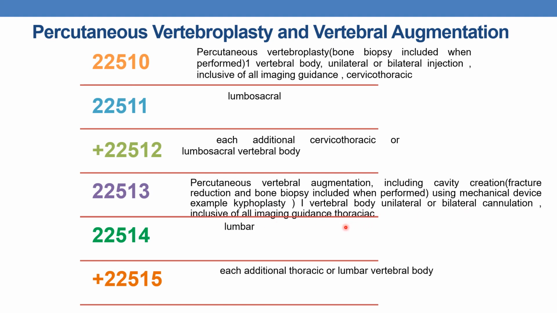For percutaneous vertebral augmentation of the thoracic region, you need to report 22513. And for percutaneous vertebral augmentation of the lumbar region, you need to report 22514. And for each additional thoracic or lumbar vertebrae, you need to report this add-on code plus 22515.